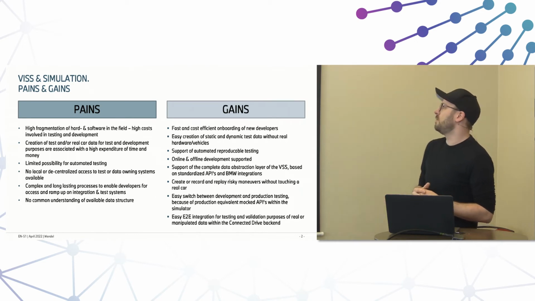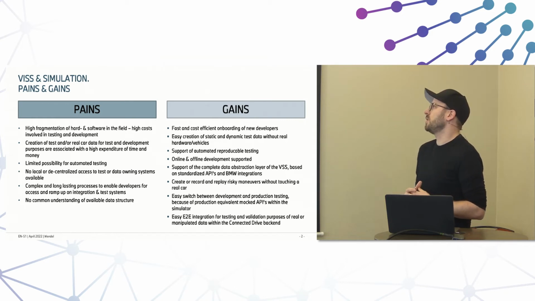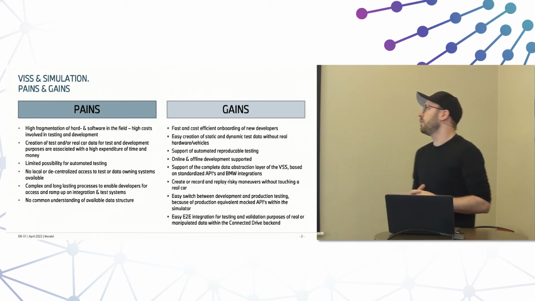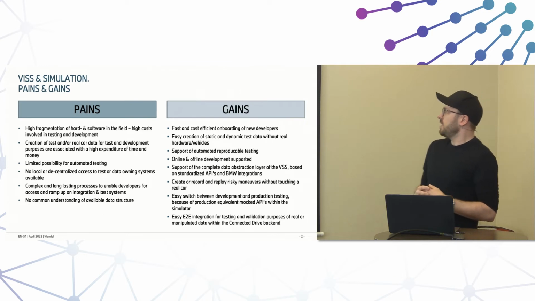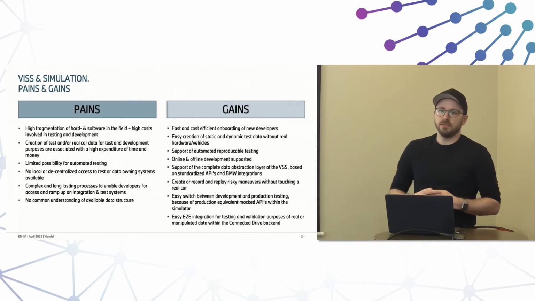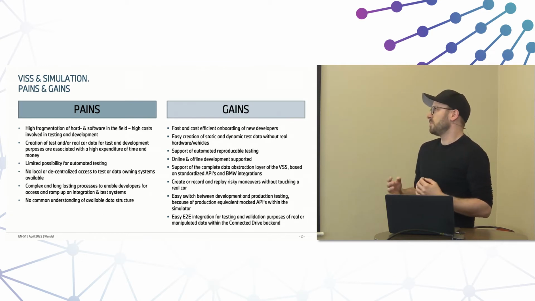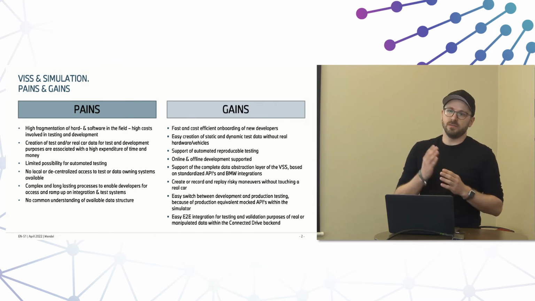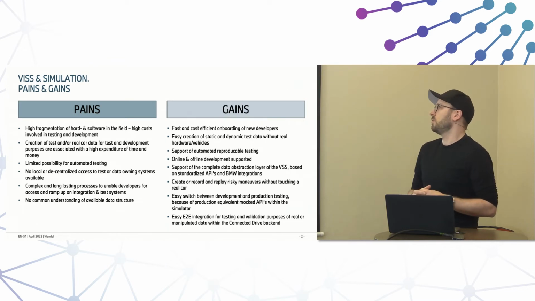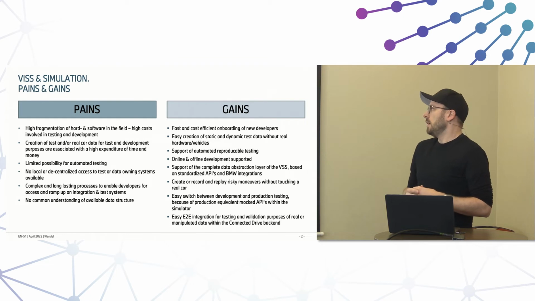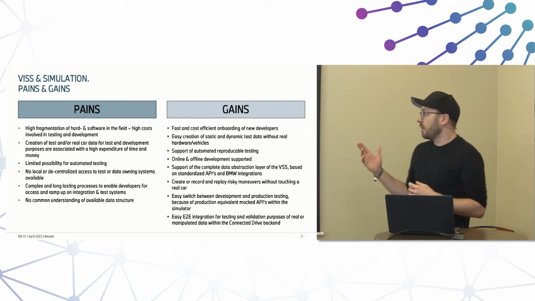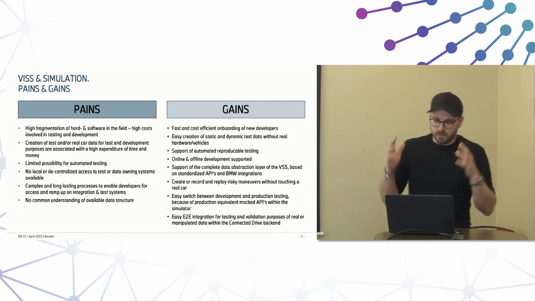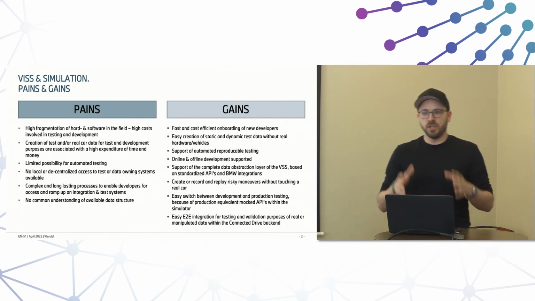Our gains, or my gains out of that idea, are fast and cost-efficient onboarding of new developers. We can easily create static and dynamic test data, which is a bit different. In the past, we mostly had static data and no dynamic data when I wanted to test my application. I want to have supported, automated, reproducible testing and online and offline deployment, which, as I will show you later, is completely running on my PC.